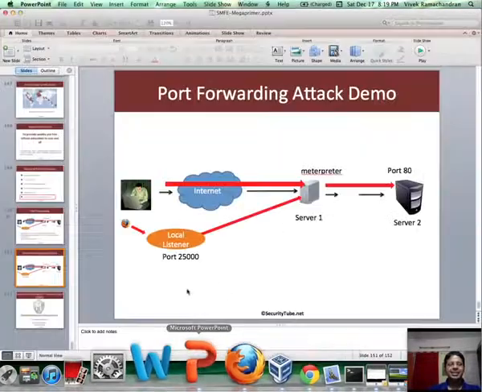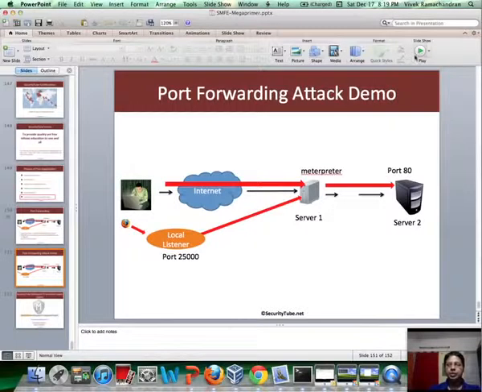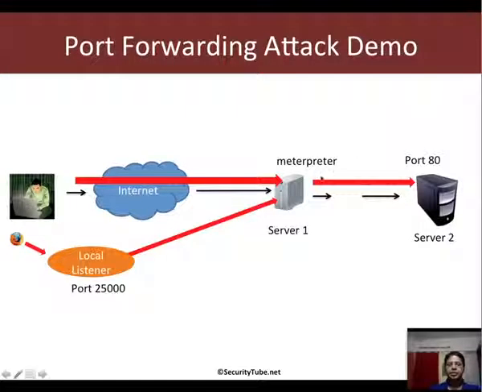So what we basically did is we used Metasploit to first break into server 1, set up port forwarding to reach server 2 on a specific port application we want to interact with, and then the attacker interacts with this application using a local listener.